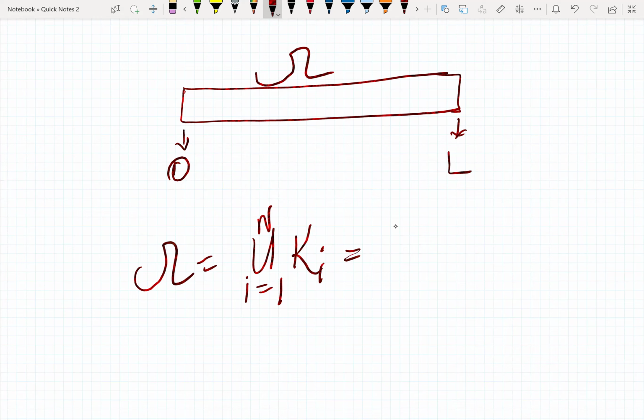That means we simply have K1 union K2 union K3 all the way down to union Kn.